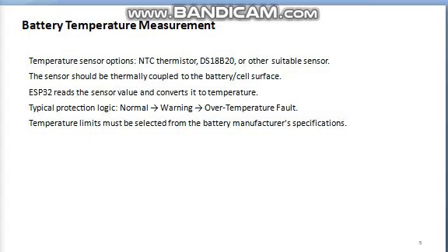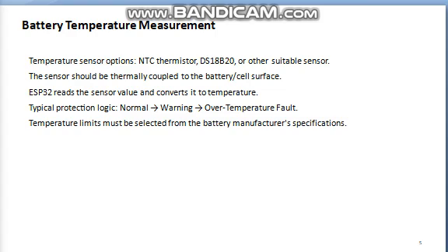The sensor should be thermally coupled to the battery outer surface or the cell surface. We mean the cell. Cell we refer to the individual unit. The whole setup is the battery. One individual element inside the battery is called a cell.